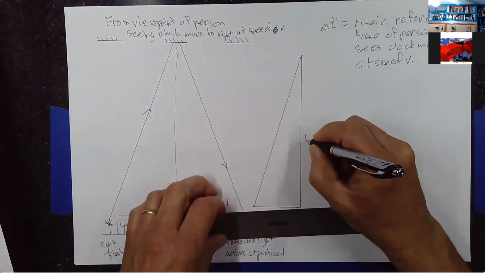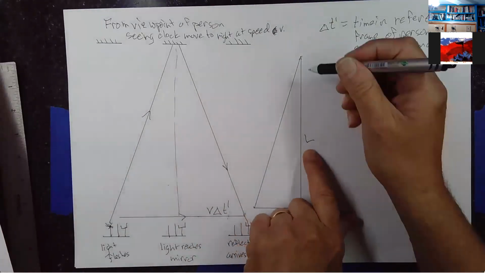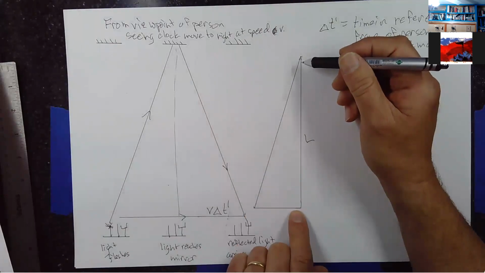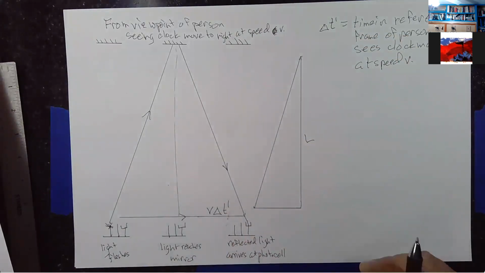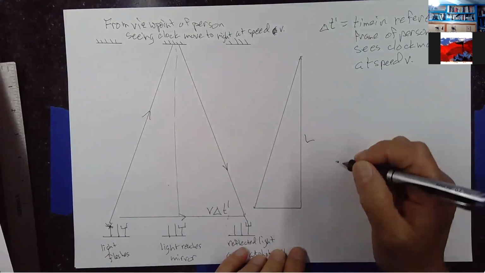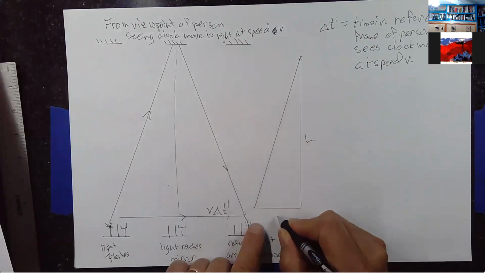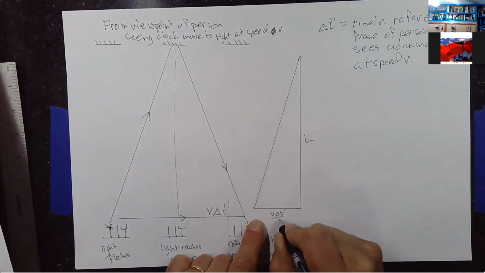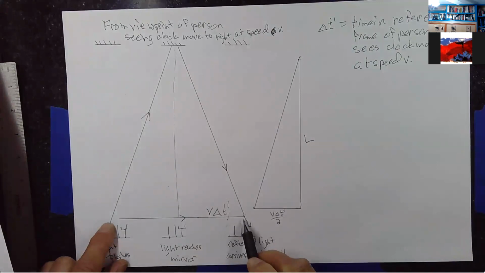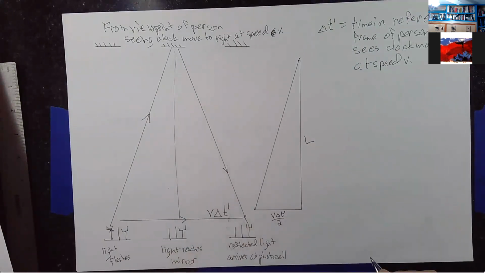This side of it is going to be L, and they'll actually agree on that amount L. They'll agree on the measurement of lengths that are perpendicular to the direction of travel. So this is L. This is going to be v delta t prime divided by 2. The whole thing is v delta t prime, but half of it is what we're looking at here.